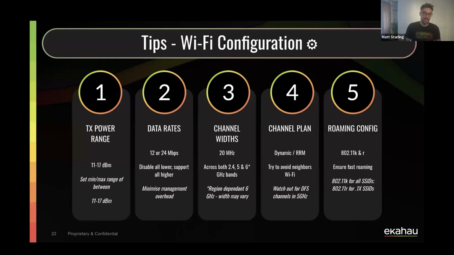Then when it comes to your channel plan, in most scenarios it's probably absolutely fine to use your AP vendor's algorithm for radio management. You want it to be making changes to avoid channels and pick the best channel to not have as much contention.